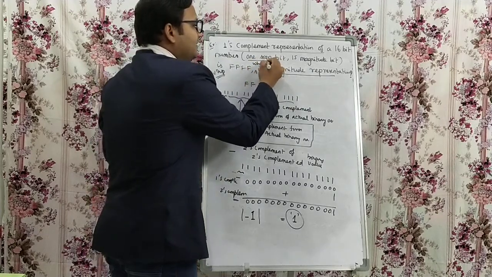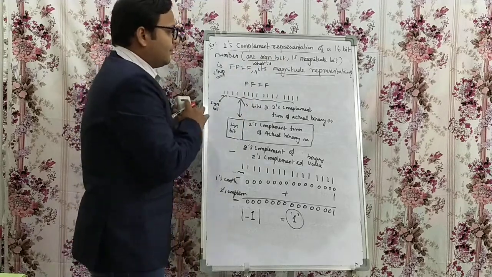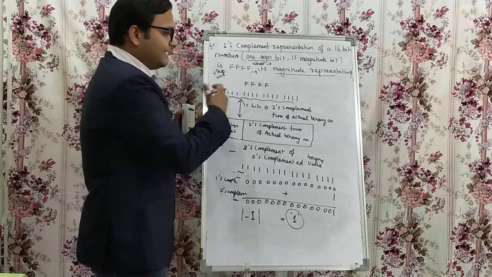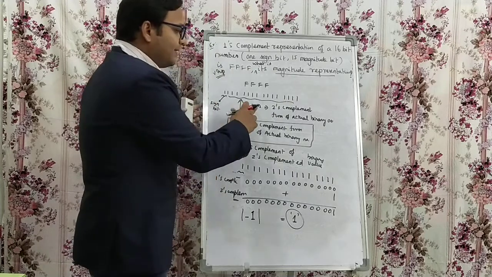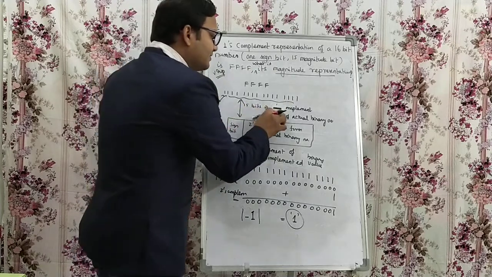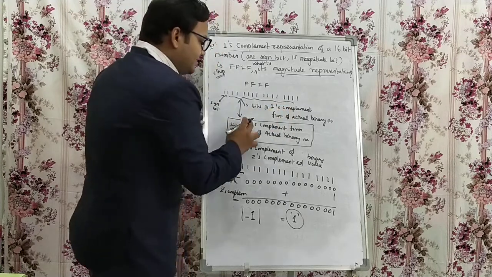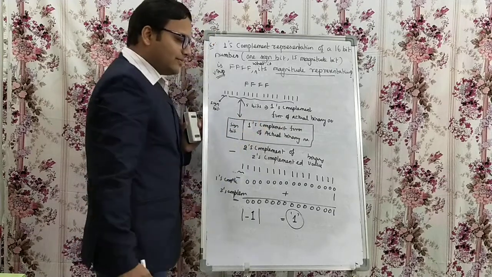What is its magnitude representation? As you know, FFFF is 16 ones. So this is the ones complement form. This is also the ones complement representation: sign magnitude is the ones complement of the actual binary number.